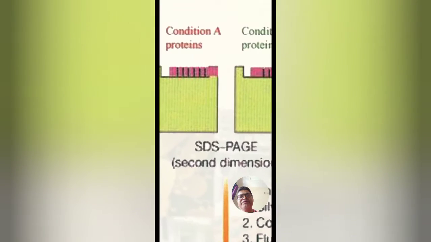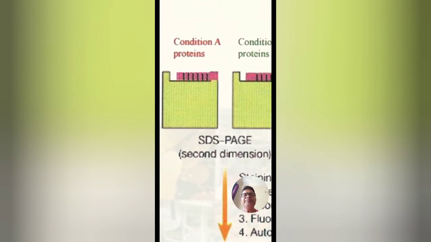So the higher the size, the higher the weight, the protein will move slower from the well.